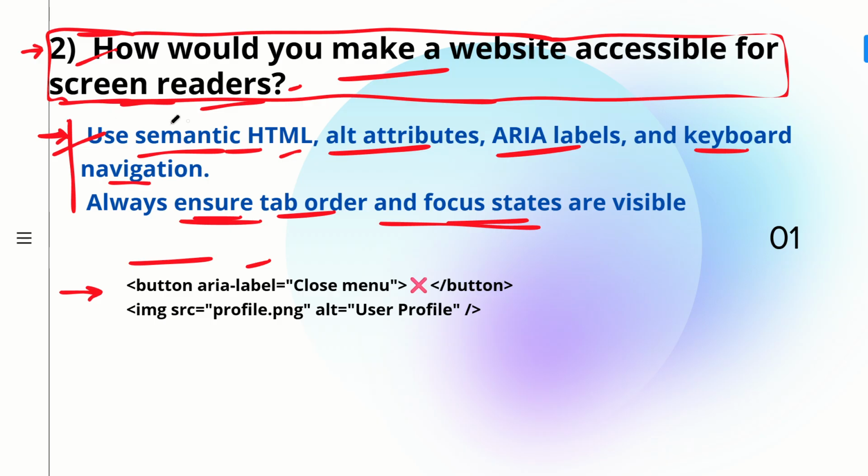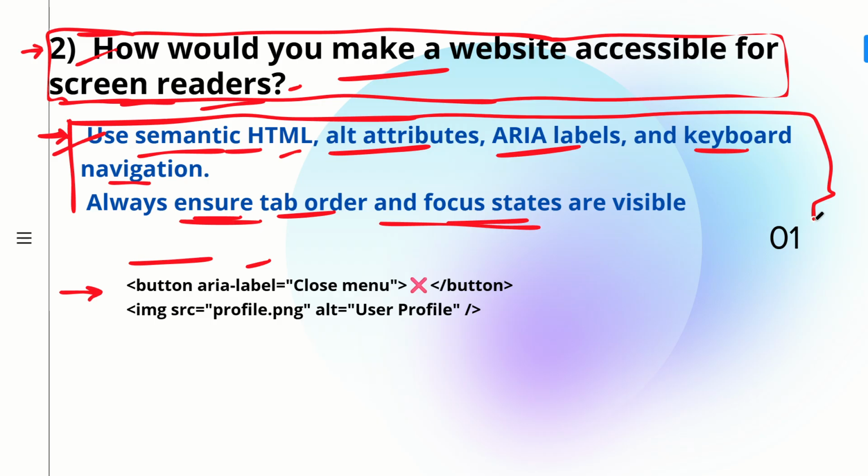So that focus should be there on every element. Focus can be like a border. Most components from third party libraries anyway have the focus already done, but this is how the focus should be.